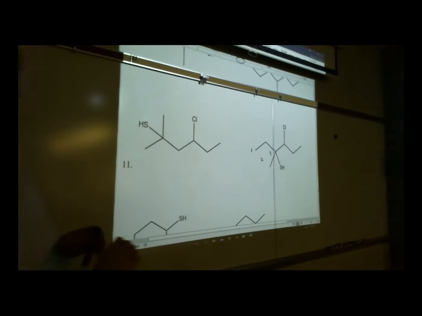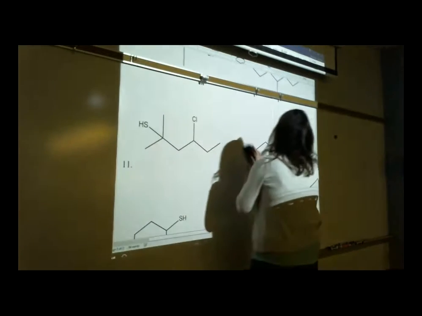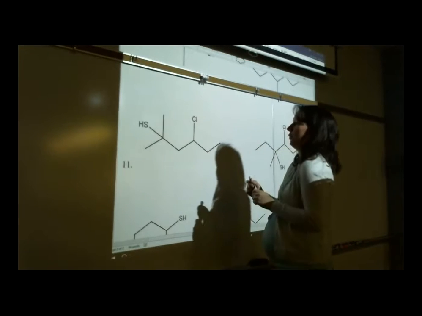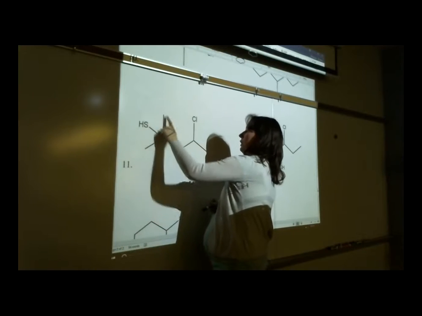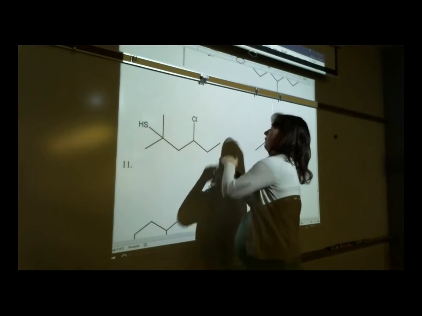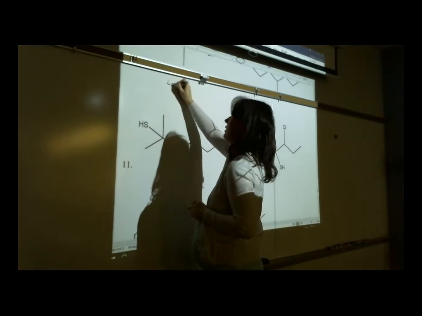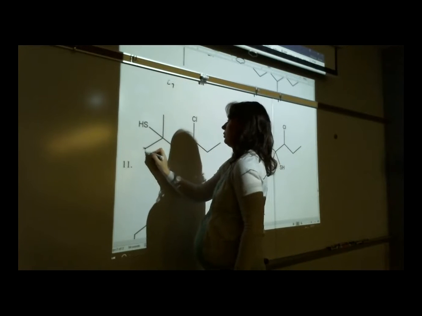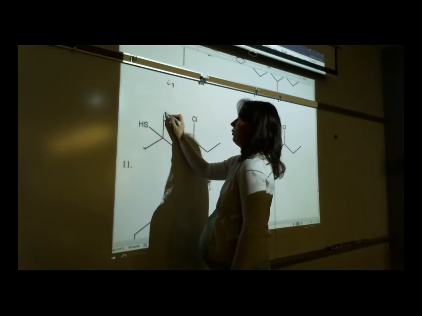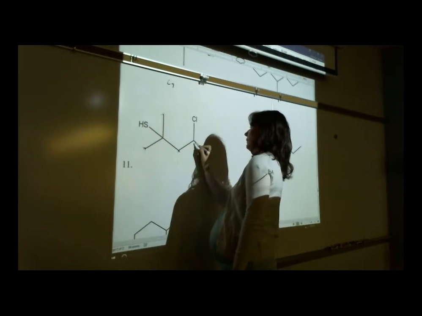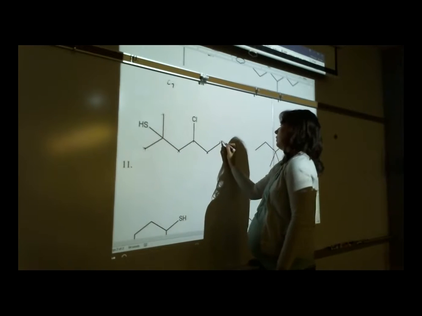Oops, forgot to erase some of my numbers. Let's figure out the formula. 1, 2, 3, 4, 5, 6, 7. So C7. 1, 2, 3. There are no hydrogens on that one, right? 4, 5, 6, 7, 8, 9, 10, 11, 12, 13, 14.